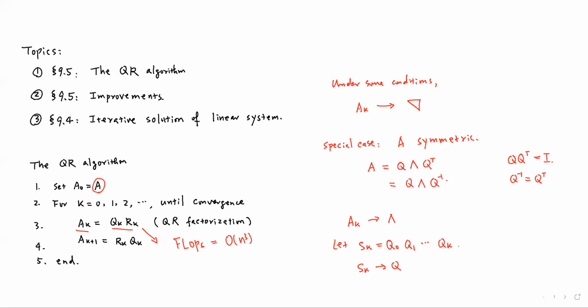One is finding eigenvalues of a matrix. The other one is solving linear systems. Now, this is topic 3 from section 4: iterative solution of linear systems.